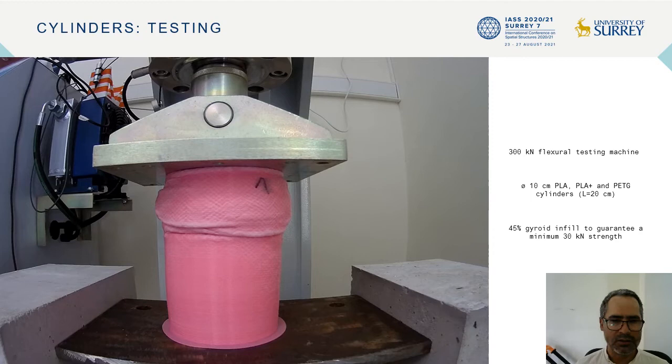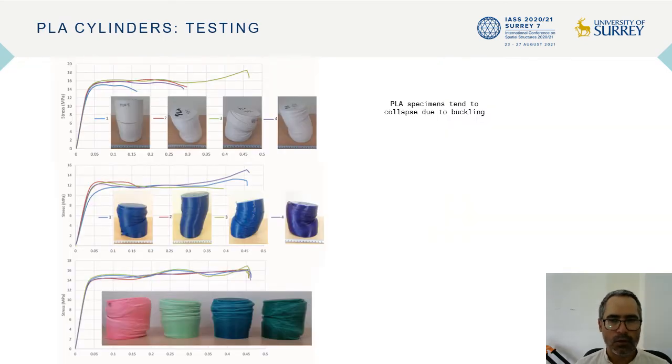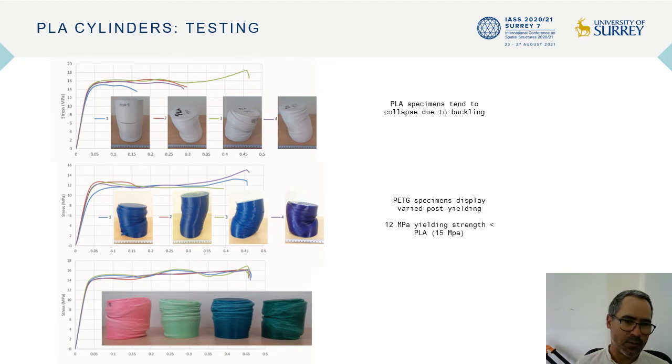For the experimental testing of cylinders of 10 centimeters diameter and 20 centimeters long, we use 45% gyroid infill with different filaments. The results of this test show that the PLA specimens tend to collapse due to buckling, whereas the PETG specimens are a little bit more stable, especially in the post-yielding behavior.